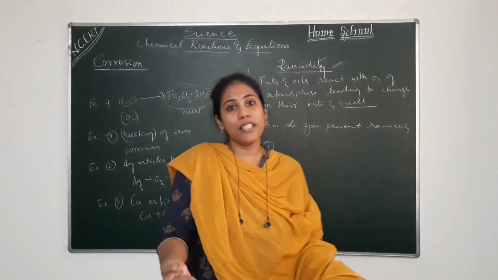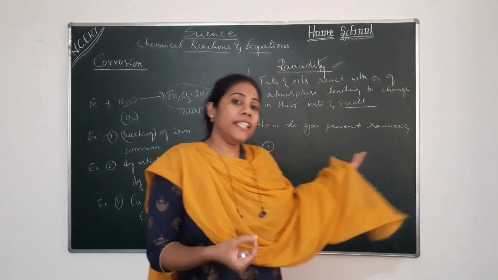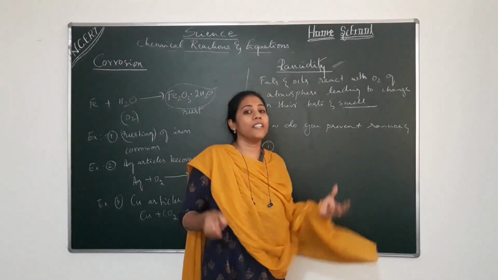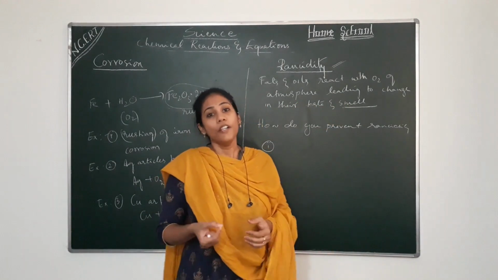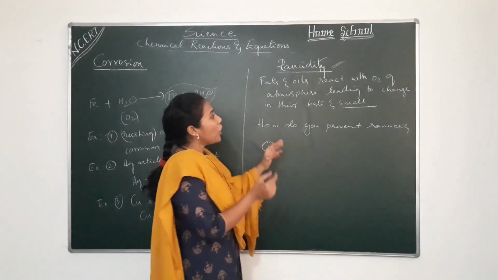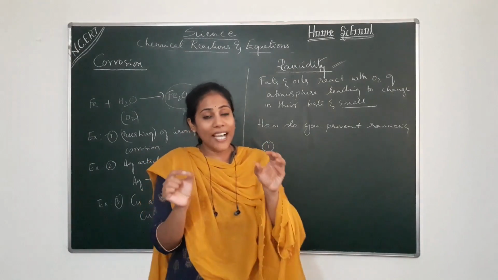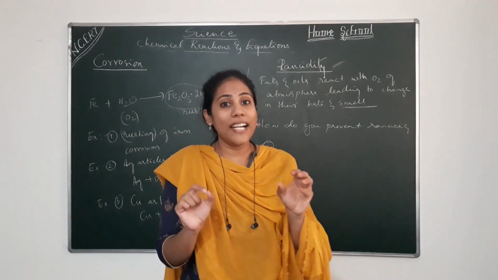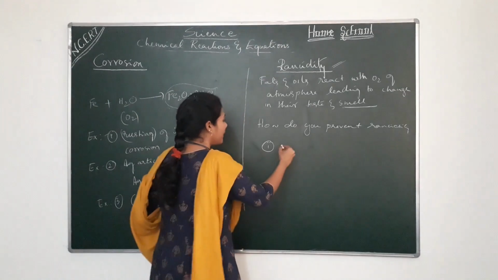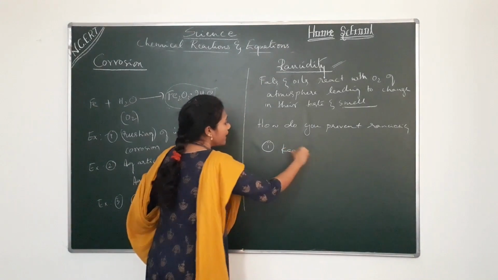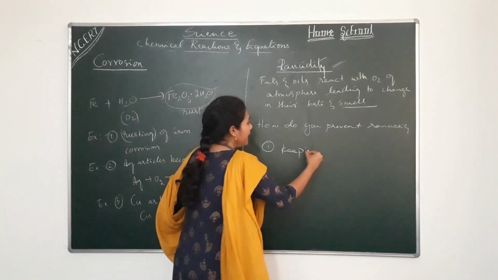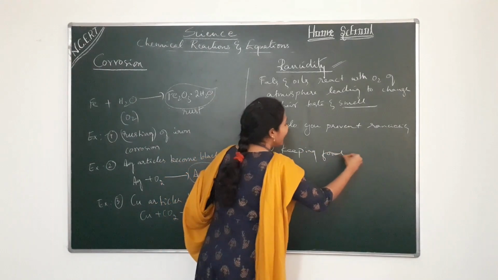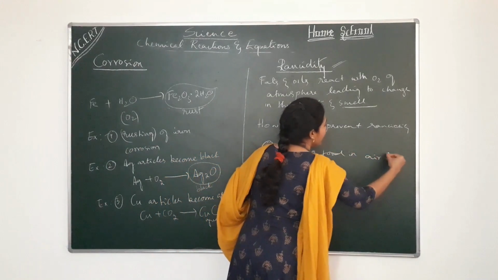Air contains oxygen. If air passes in, definitely the fat and oil may react with oxygen and get spoiled. So that is the reason you should always keep food items which contain oil and fat in an airtight container.